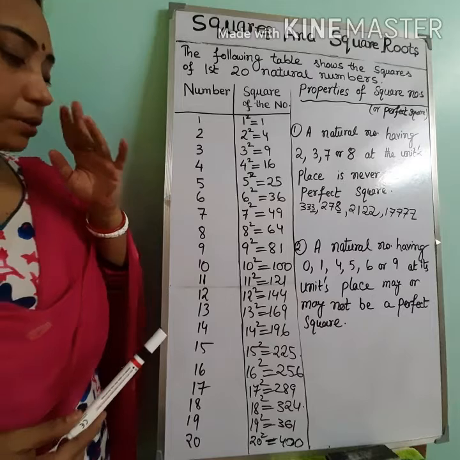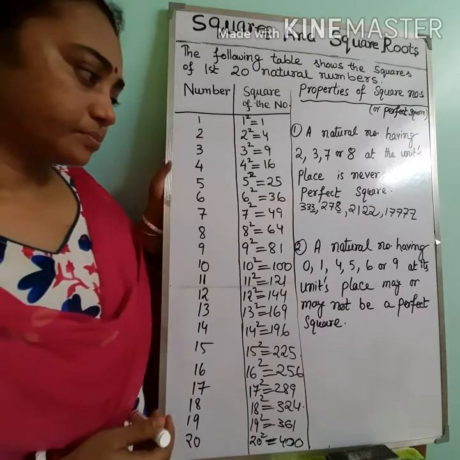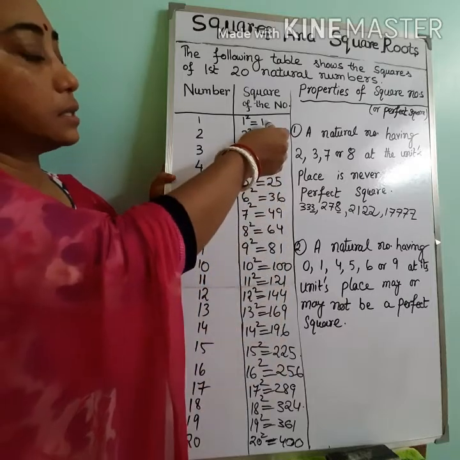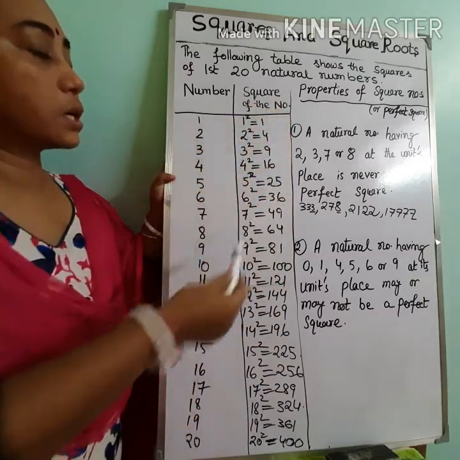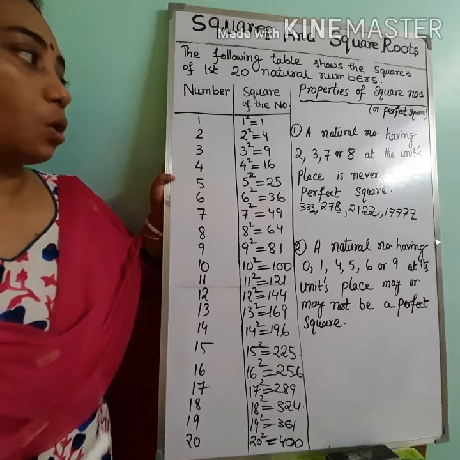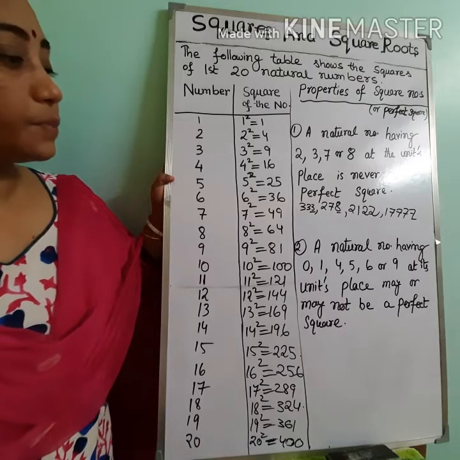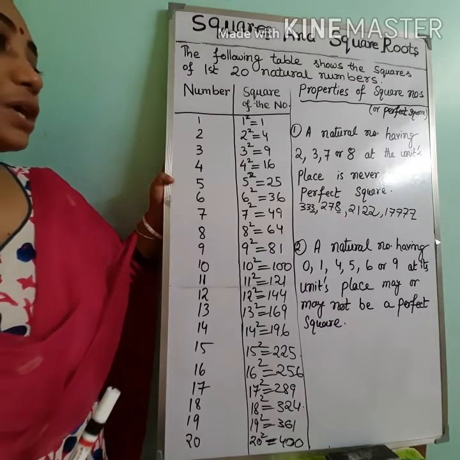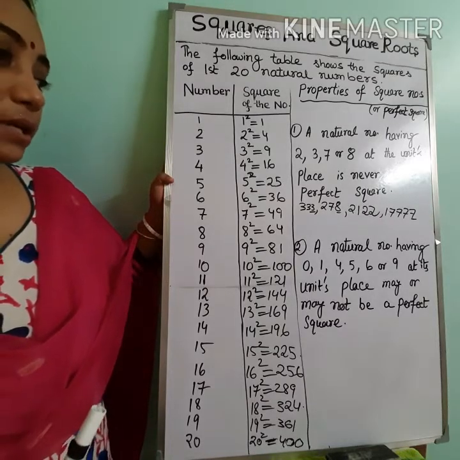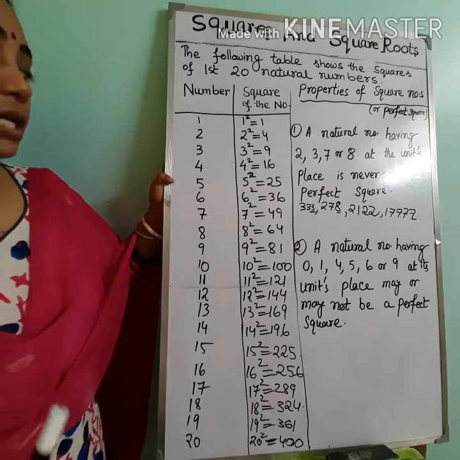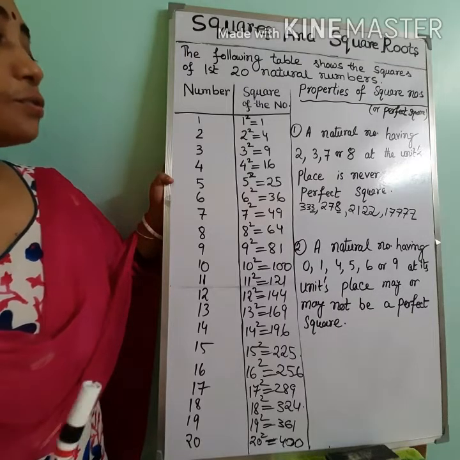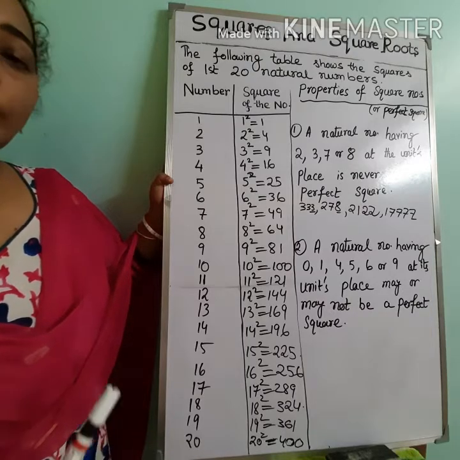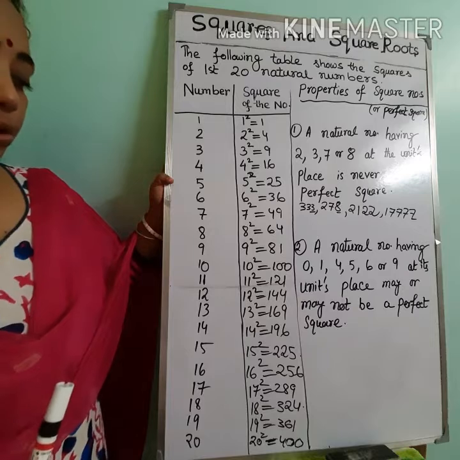Coming to the next very important point: we already saw that square numbers all end with either 1, 0, 4, 5, 6 or 9 at the units place. So from this we get another important property. A natural number having 0, 1, 4, 5, 6 or 9 at its unit place may or may not be a perfect square.